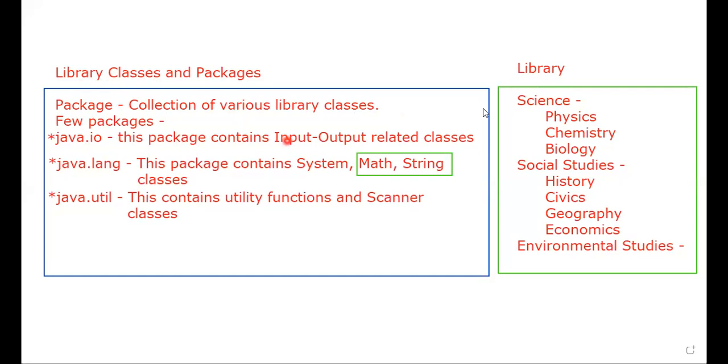Java.io contains input output related classes, and java.lang package contains System, Math, String, etc. classes. Java.util contains utility functions and the Scanner class.